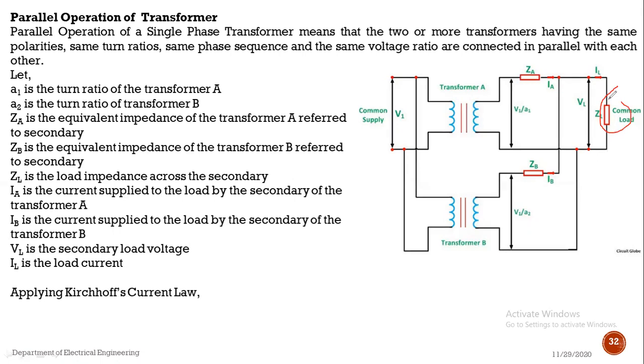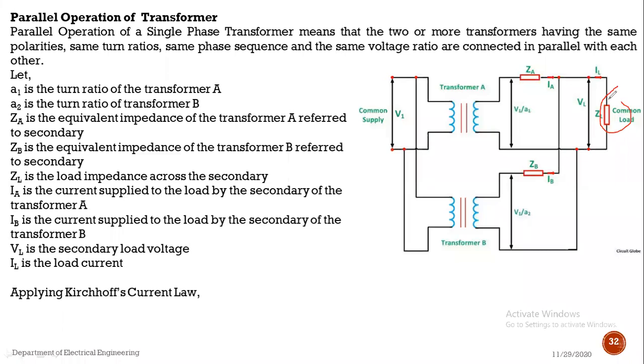Now IA is the current supplied to the load by transformer A. Transformer A generates IA amount of current, and this current will be flowing through the load.